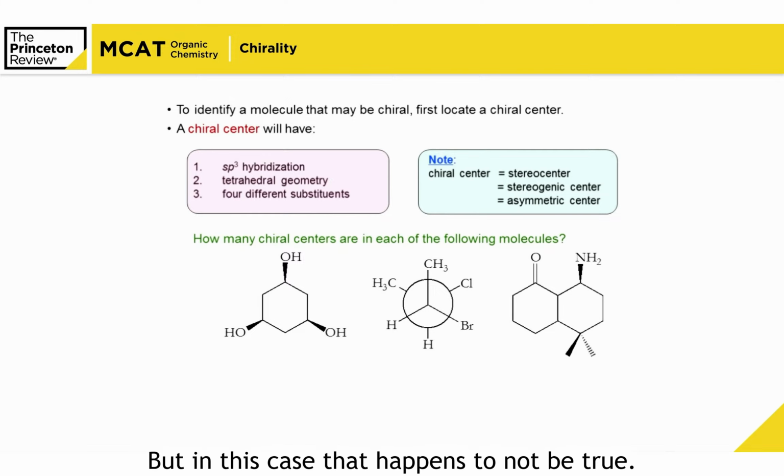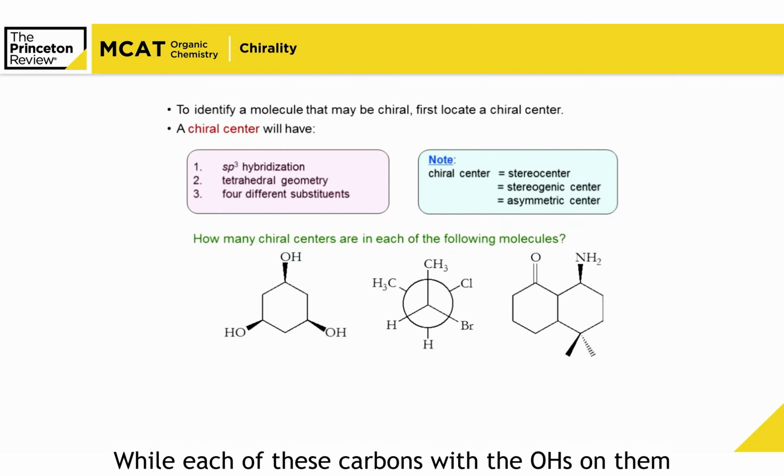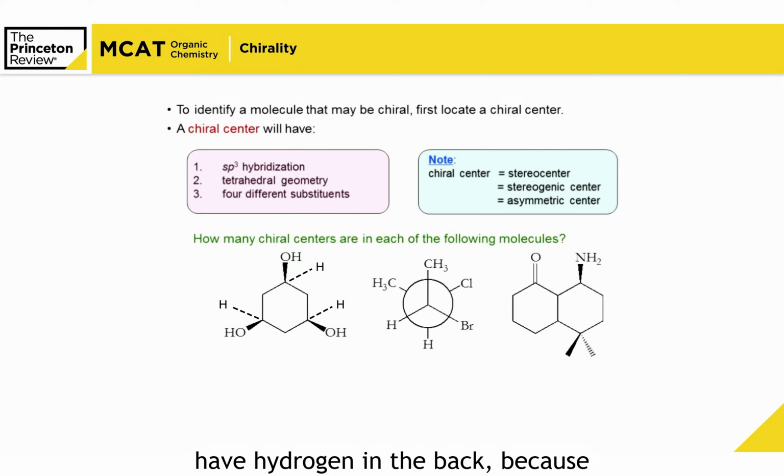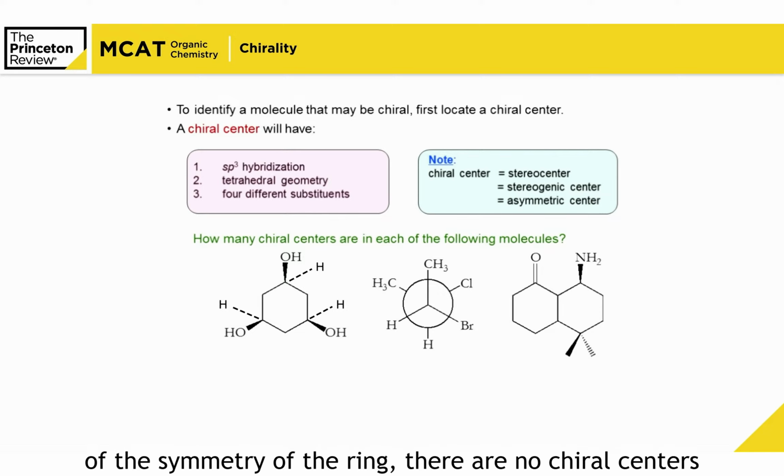But in this case, that happens to not be true. While each of these carbons with the OHs on them have hydrogen in the back, because of the symmetry of the ring, there are no chiral centers here.